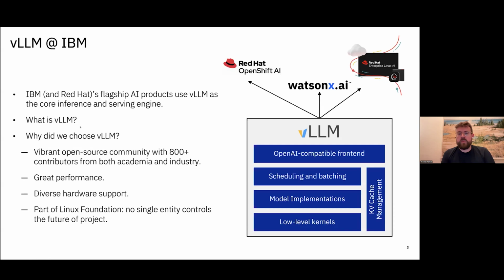It has more than 800 contributors now, many from academia, but also from industry. Lots of different companies are actively using vLLM in production, and contributing features and fixes back upstream. So it's really a large development community distributed across the industry.